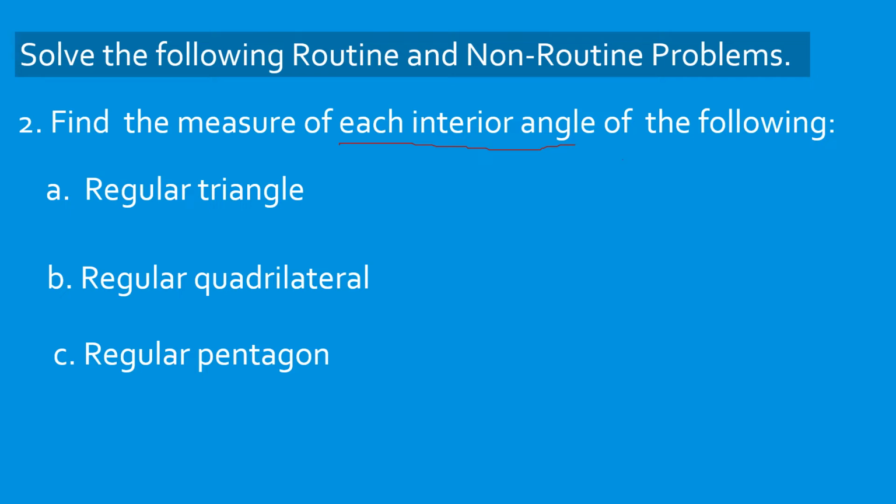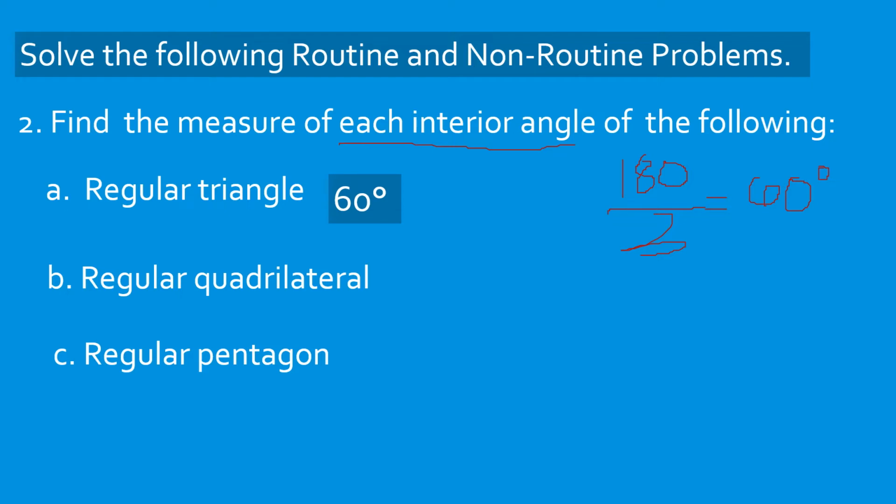We know that in a triangle, the sum of the interior angles is equal to 180 degrees. So simply, we're just going to divide this by 3, because there are 3 angles, so that is equal to 60 degrees. So triangle is 60 degrees. What about regular quadrilateral?